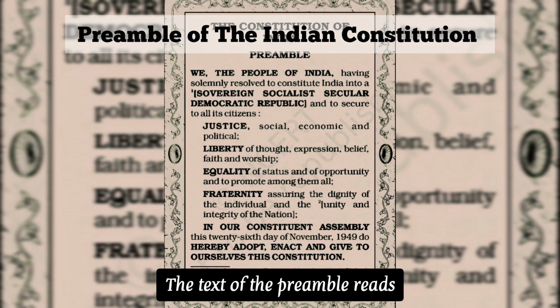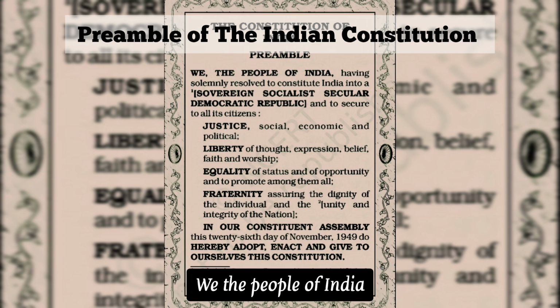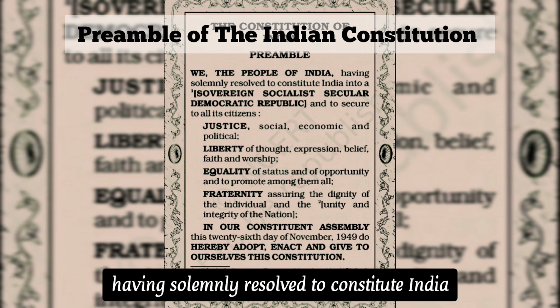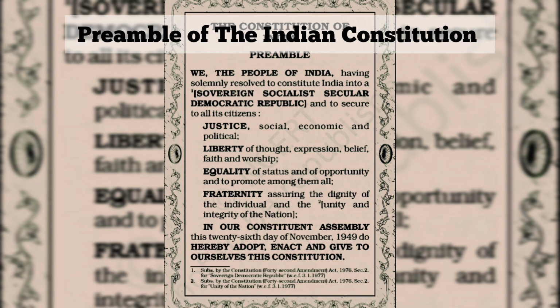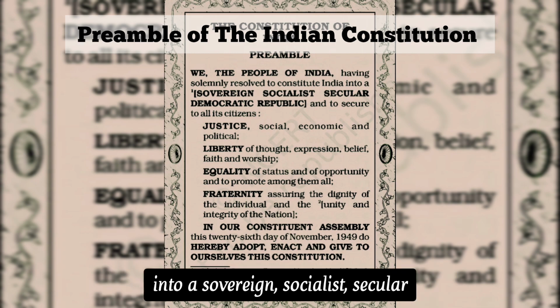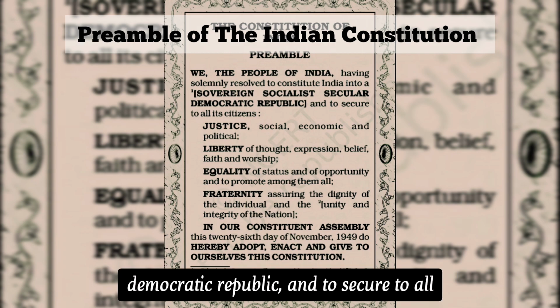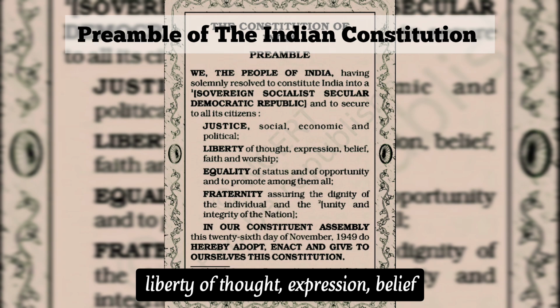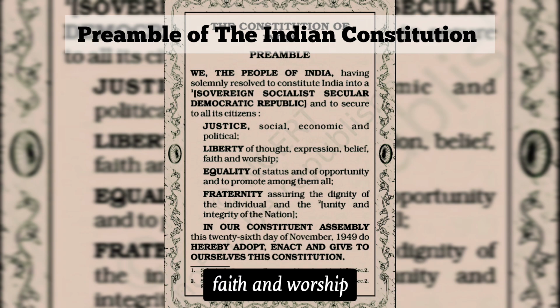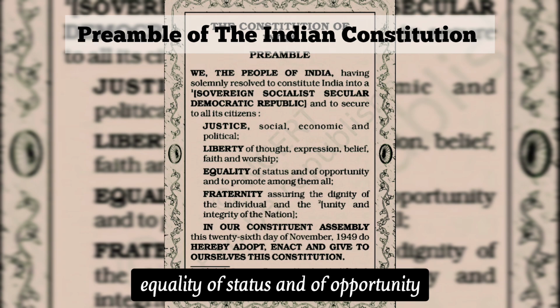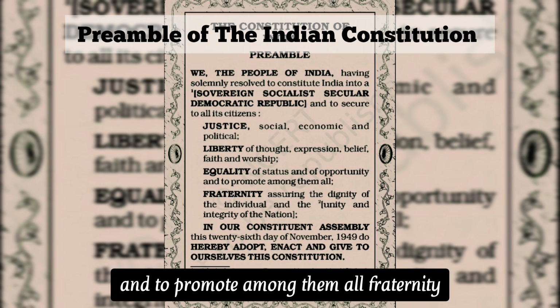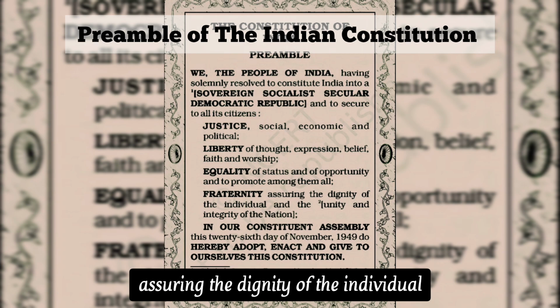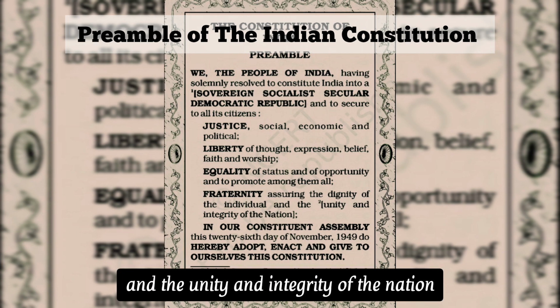The text of the Preamble reads, "We, the people of India, having solemnly resolved to constitute India into a sovereign, socialist, secular, democratic republic, and to secure to all its citizens justice, social, economic and political, liberty of thought, expression, belief, faith and worship, equality of status and of opportunity, and to promote among them all fraternity, assuring the dignity of the individual and the unity and integrity of the nation.